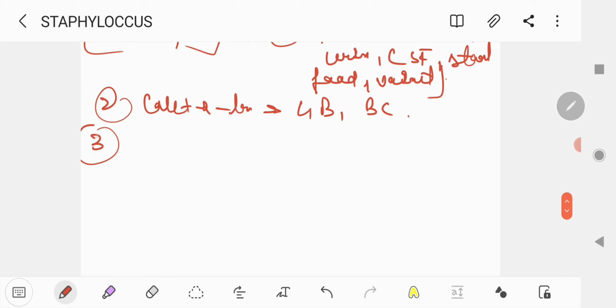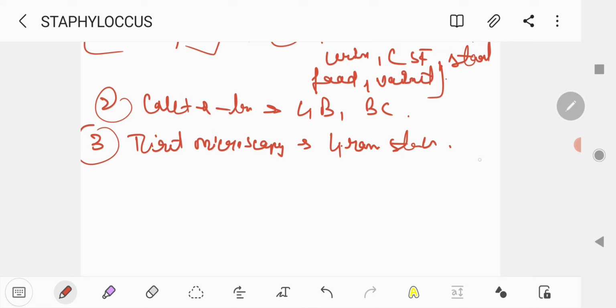Then you have to apply direct microscopy. In direct microscopy you can see it in the gram stain, because it is gram positive. For culture, you can take it on blood agar, where it shows beta hemolysis.